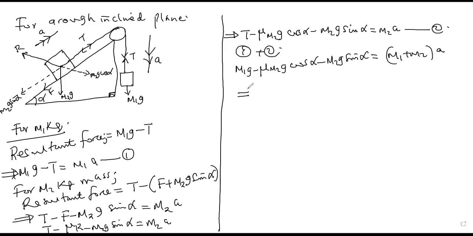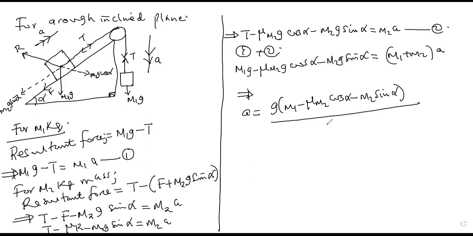So I will have my acceleration equal to, if I factorize out g, m1 minus mu m2 cos alpha minus m2 sine alpha, divided by m1 plus m2. So by having this, we are safe to go.